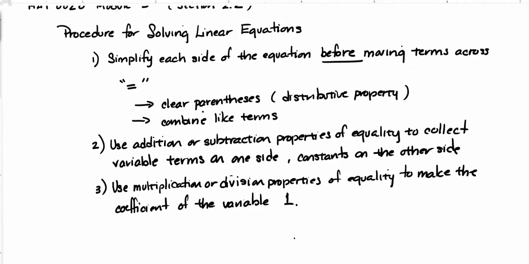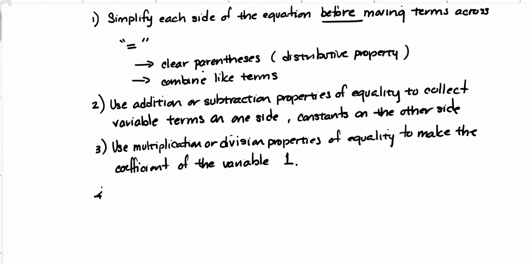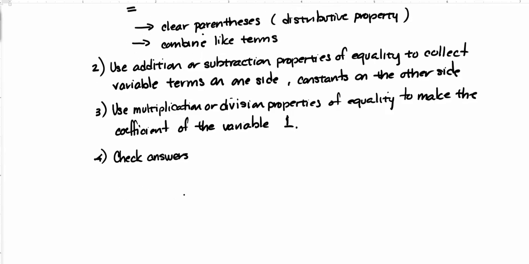And don't forget, the very, very last thing we do is we check our answers. Because when you're solving equations, there's absolutely no reason why you should get an answer wrong, because you can always check. Okay, so let's do a couple examples.